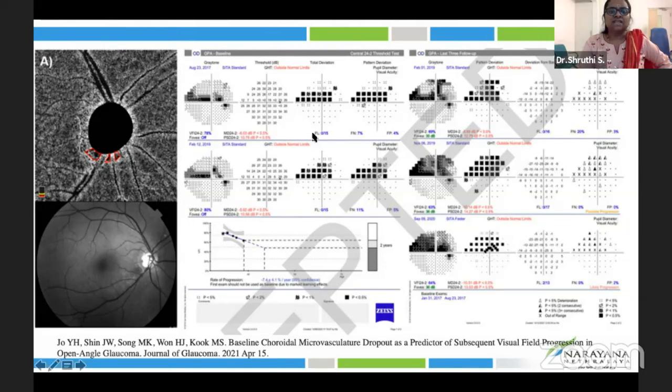His baseline visual field showed a superior nasal and central visual field defect with a mean deviation of minus 6.03. When followed up for 5 years, there was a faster RNFL progression, which we can see here and here. Both the event and the trend analysis showed progression.